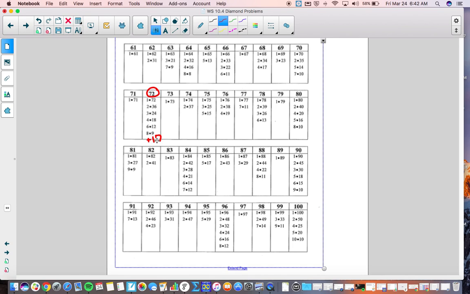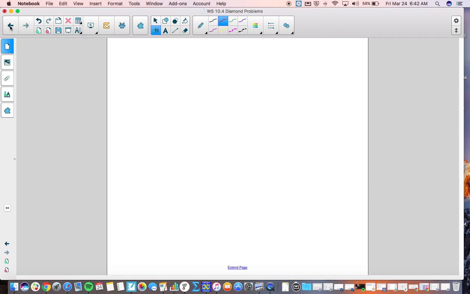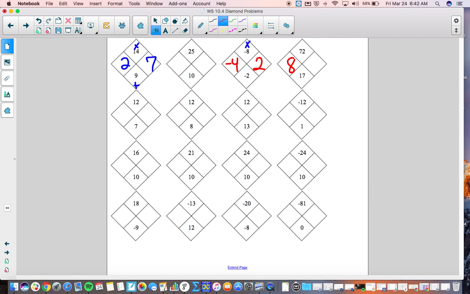Well, since it adds to a positive 17, then they both have to be positive. So, pretend these multiplication symbols go away and put plus signs there. Which combination add to 17? Right there, 8 and 9. So that has to be the right solution here.